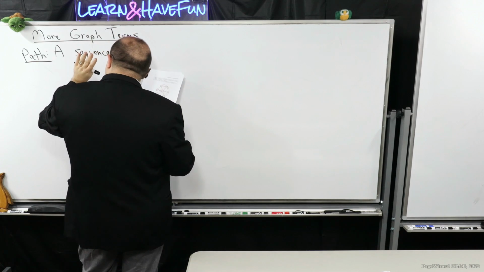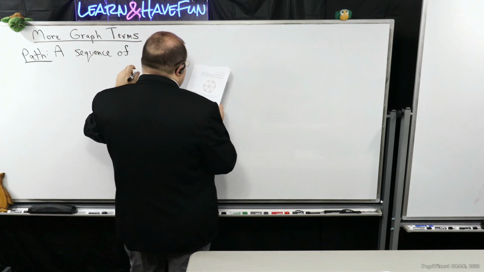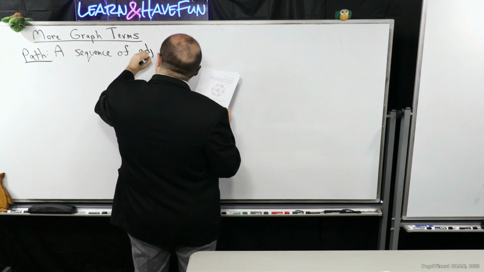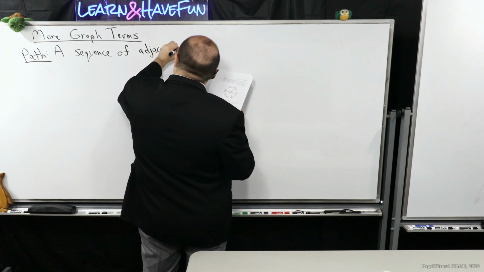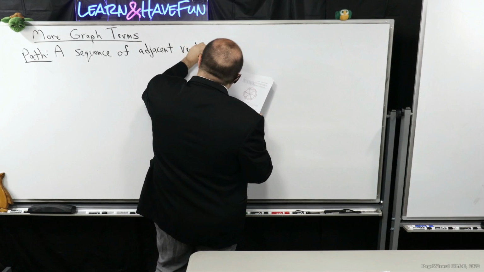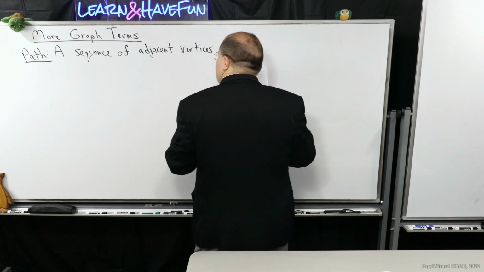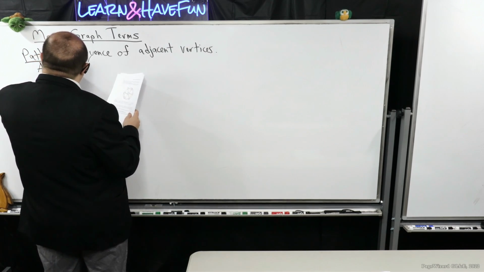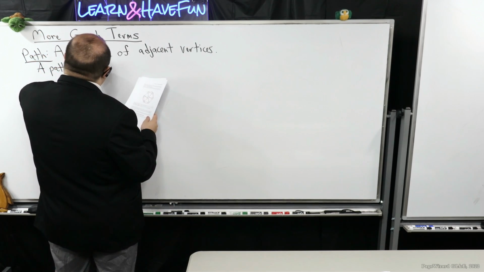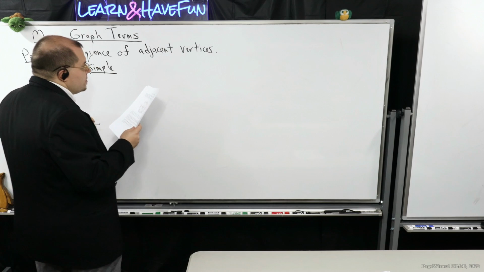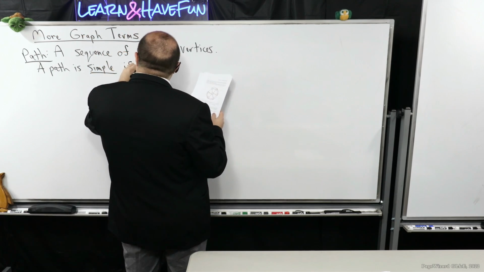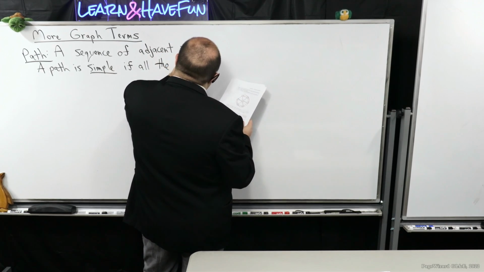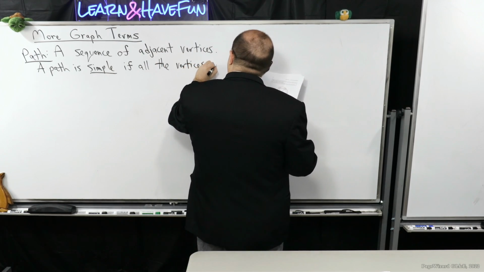And some people call this a walk, to be very clear. So a path is simple, some people call it a simple path, if all the vertices are distinct, meaning that they don't repeat.